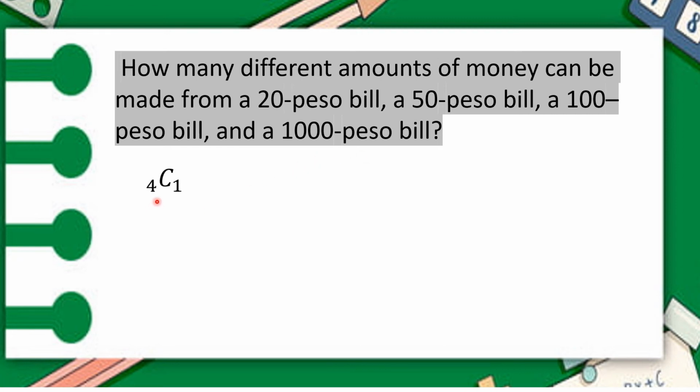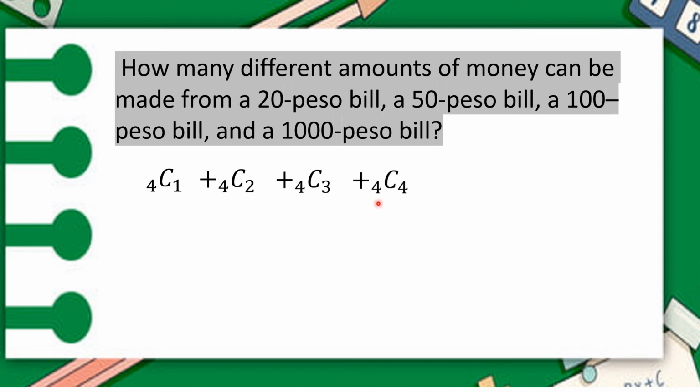Una, we're going to solve for 4 combination of 1. Ito yung gagamitin natin kapag isang peso bill lang ang kailangan natin. Plus, 4 combination of 2, ito naman yung mga combination na tig-2 peso bill ang kailangan natin. Plus, yung 4 combination of 3, dito naman kapag 3 peso bill ang ginamit natin.